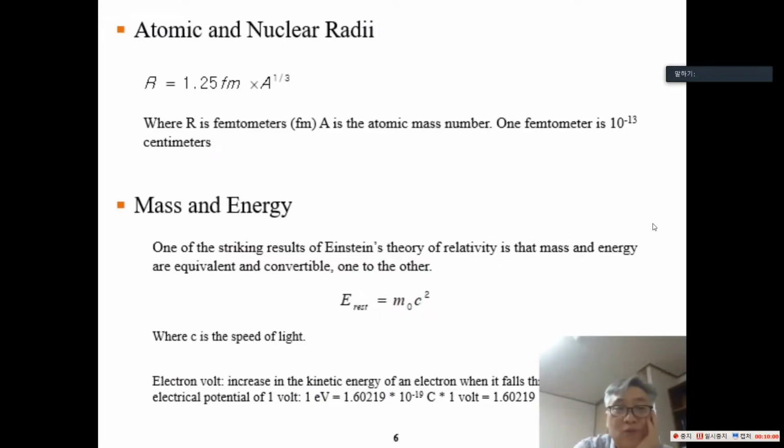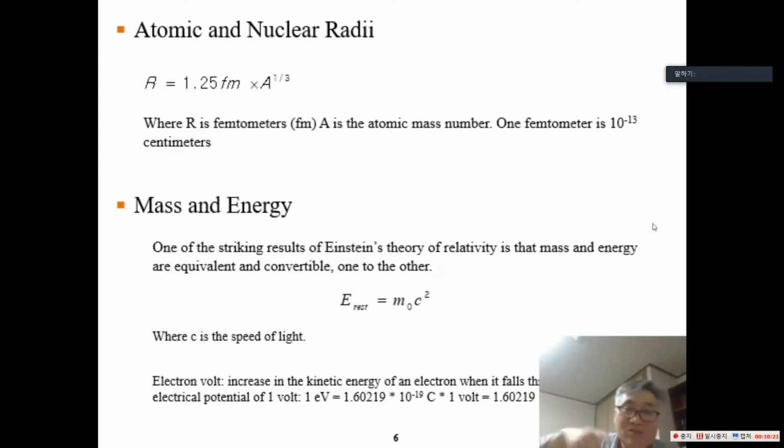You know, an atom is composed of one nucleus and electron orbits around the nucleus, right? So when we measure the radius of an atom, that means the radius of the outermost electron orbit.